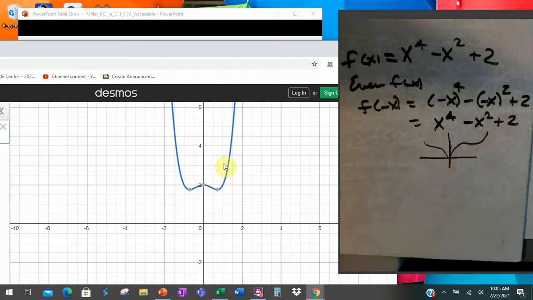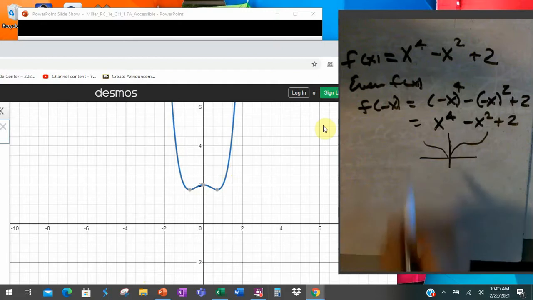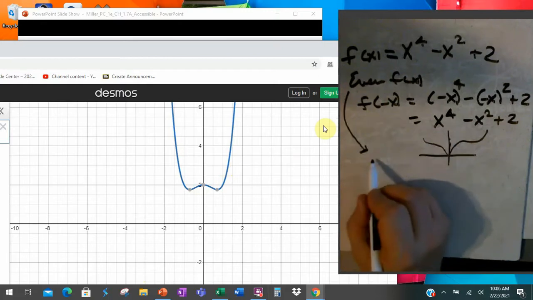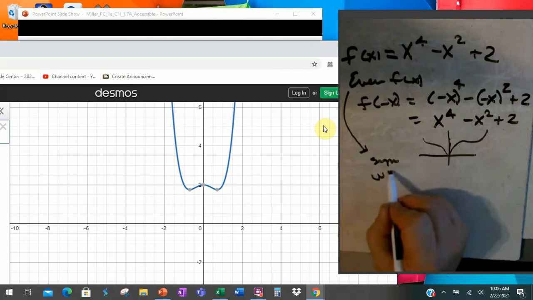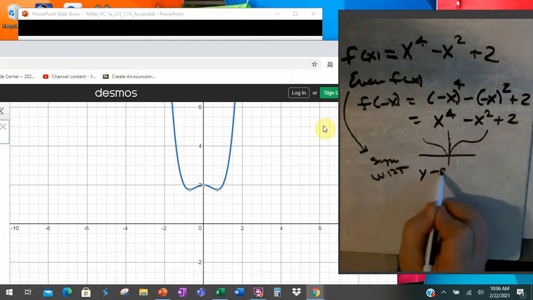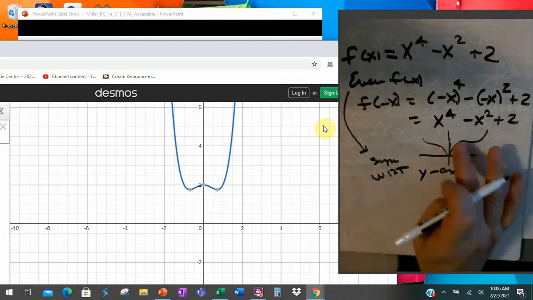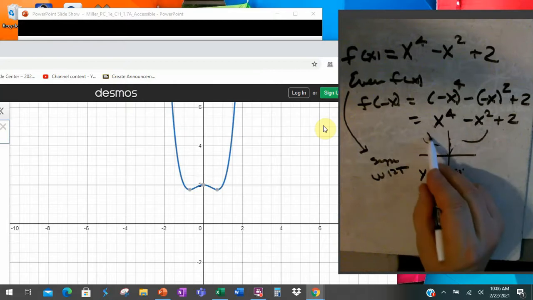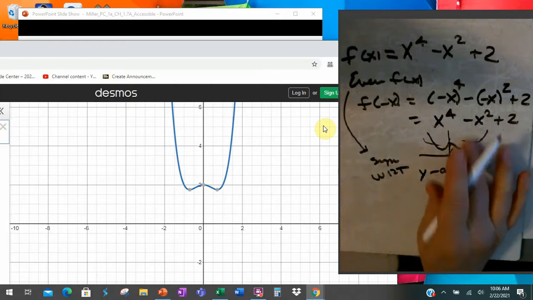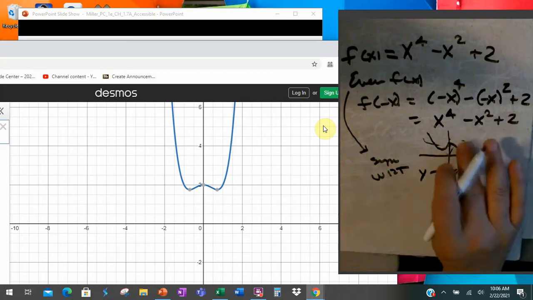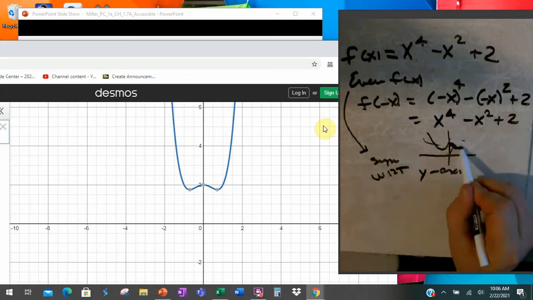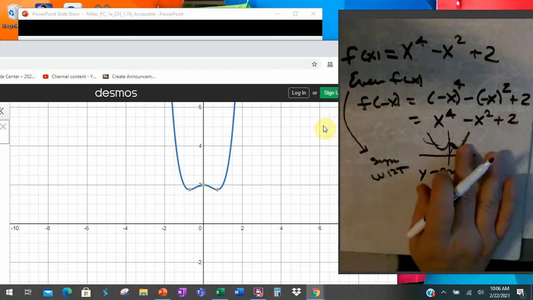I can't just fold it over. So here, with the even, I get symmetry with respect to the y-axis, a mirror image. This is a little better picture.